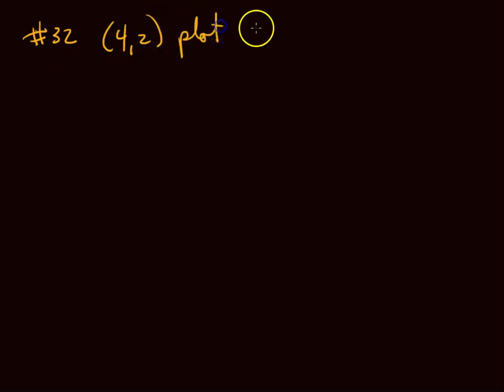Okay, same page, number 32. We're supposed to plot this point (4, 2), and then find the points that have symmetry with respect to the x-axis, the y-axis, and the origin.